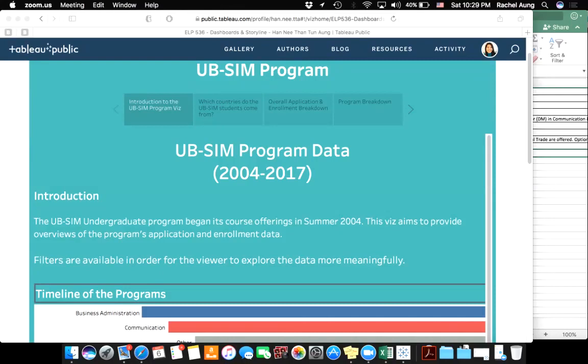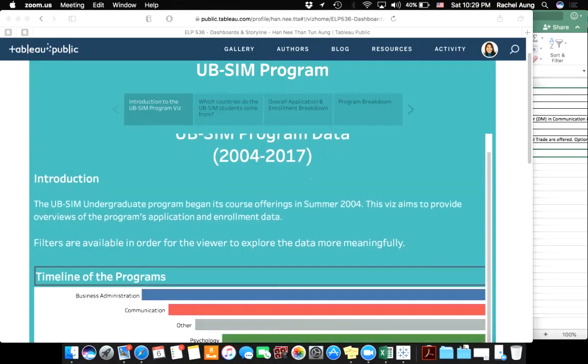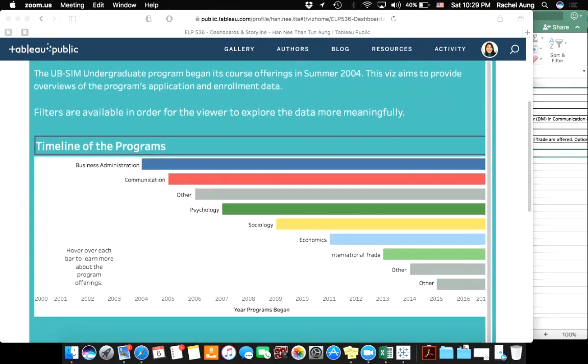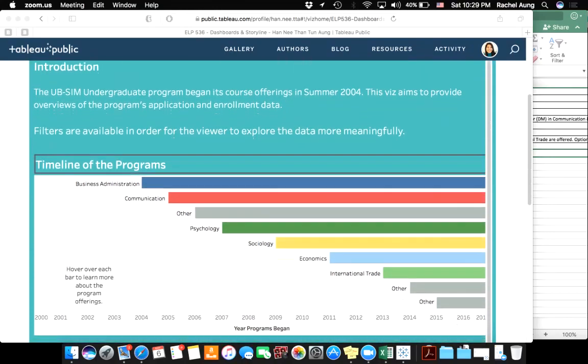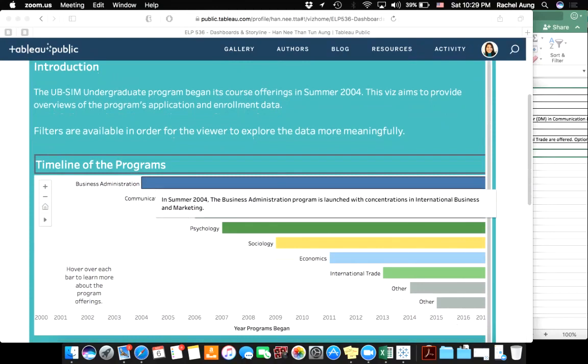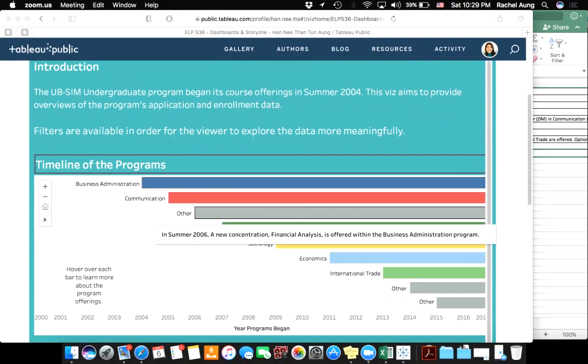So as you can see, my project was focused on applications and enrollment data for our program. So the first dashboard talks about when the program started, and this is kind of like a timeline. So if you hover, it tells you exactly when this major started, what concentrations, if any, were offered, and so it goes on.